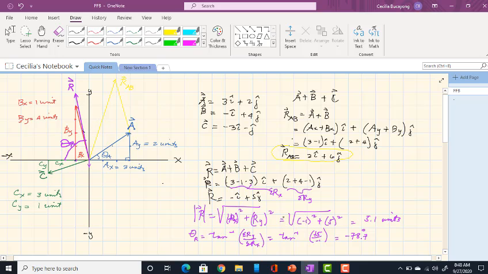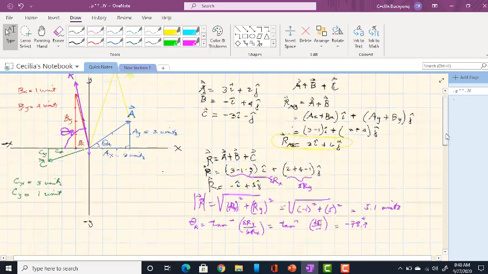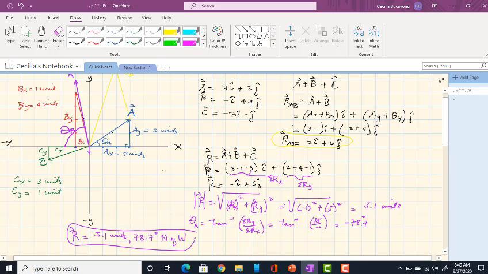So what makes this negative? Located along negative x-axis, but then positive y-axis. So therefore, the resultant is equal to 5.1 units, 78.7 degrees located north of west. So this is now our resultant vector using component method.